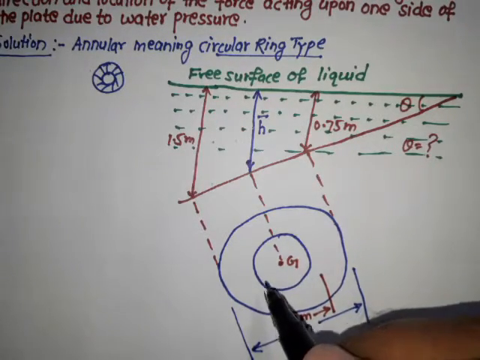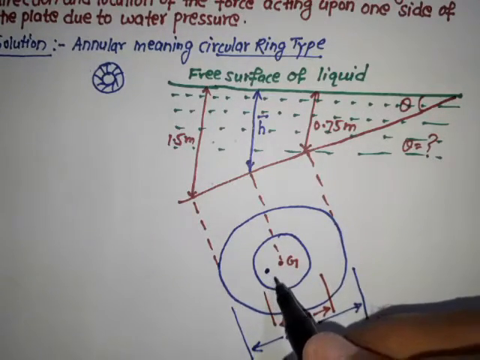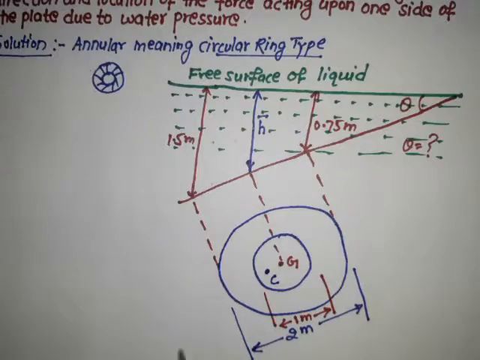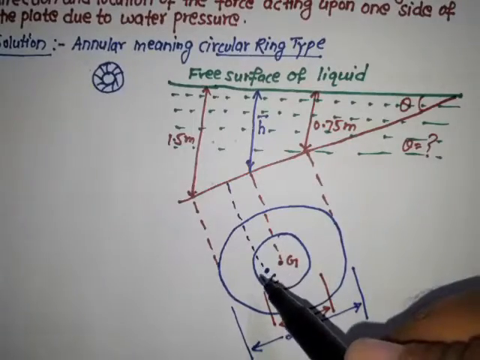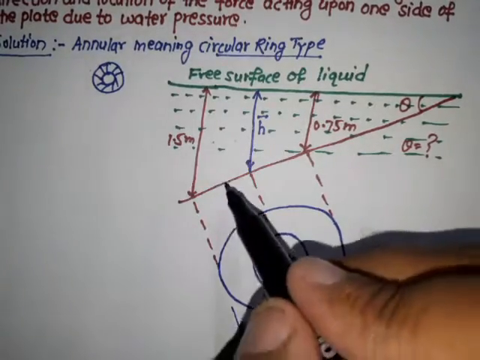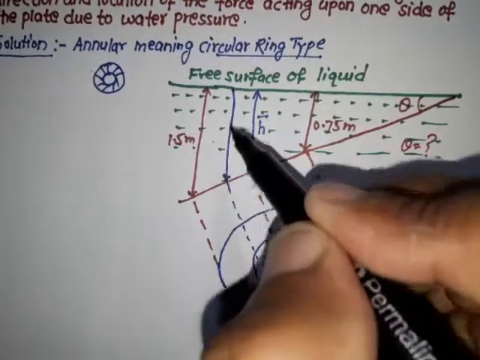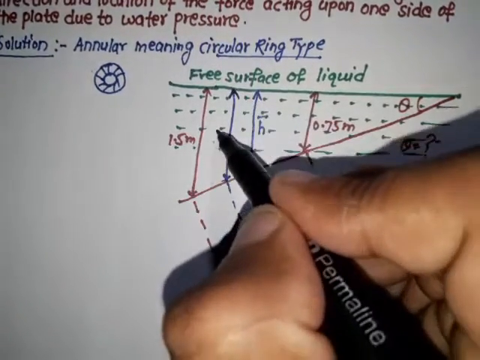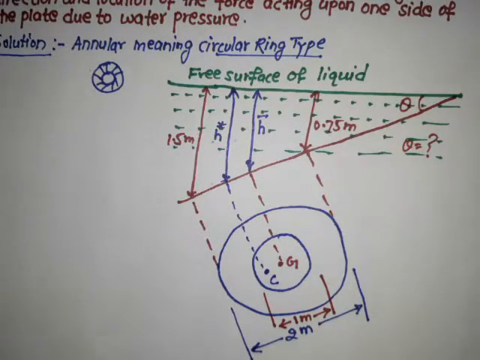In the case of an inclined plane surface, this point C is the center of pressure, which always lies below the center of gravity, and this distance is h star. So this is the diagram on the basis of the given statement.